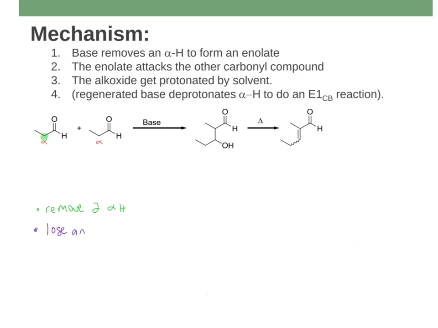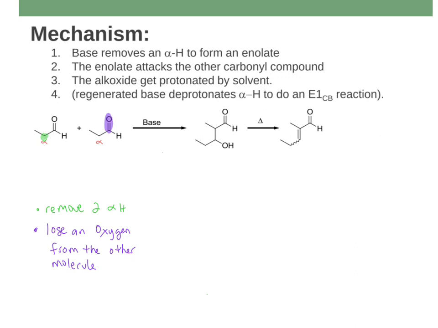So we need to lose an oxygen from that other molecule. Which means that I'm going to lose the oxygen from this guy. And in fact, that's what we're going to see, that carbonyl is going to be gone, and you're just going to have a double bond there.